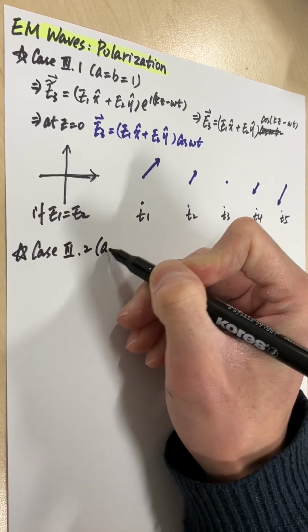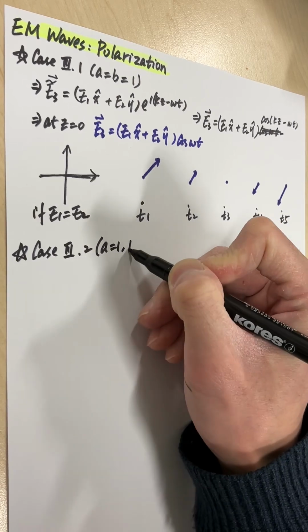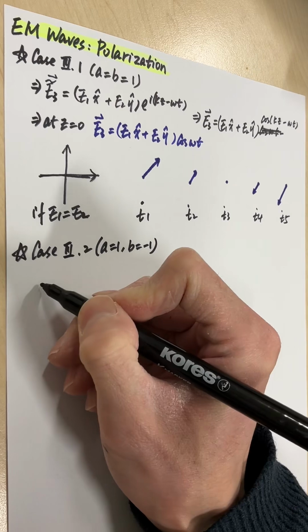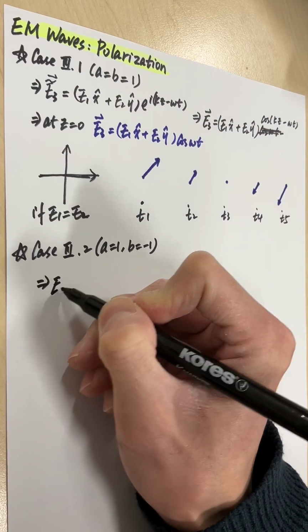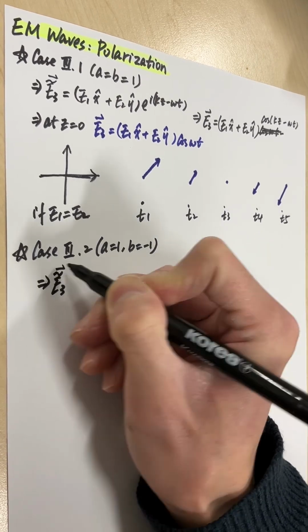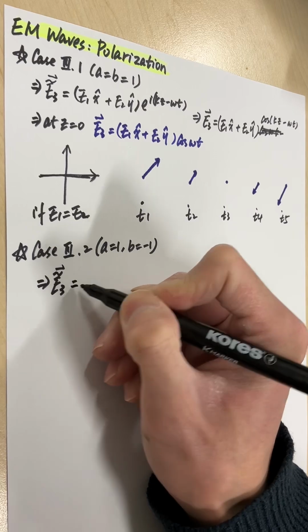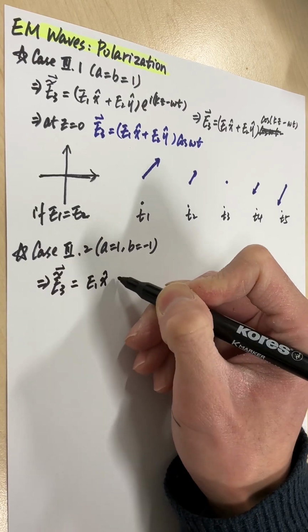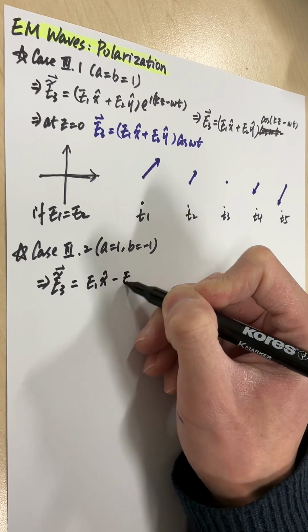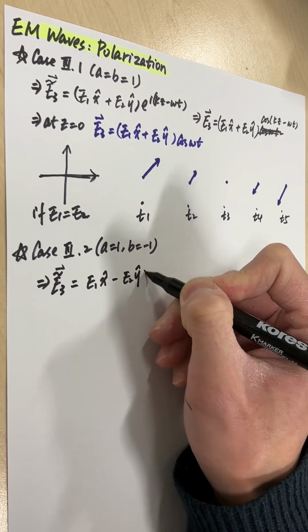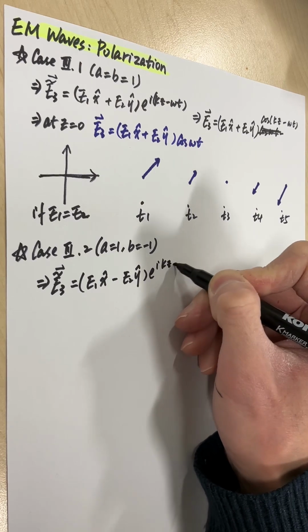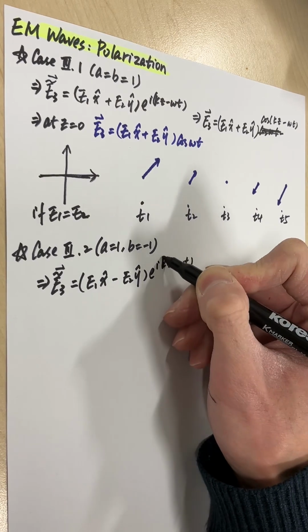Okay, another example. We have A equals 1, and then B equals minus 1. So what do we have? We have E3 equals E1 x direction minus E2 y direction, and then e^(i(kappa z minus omega t)).